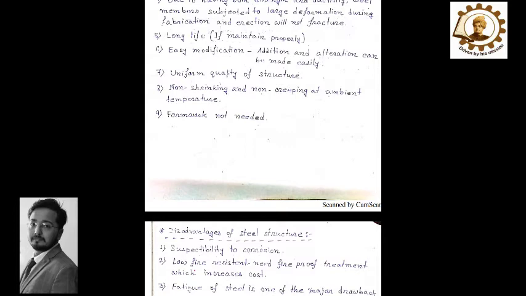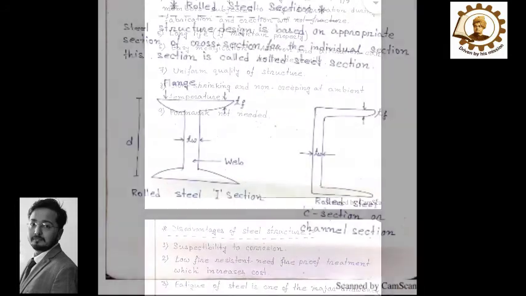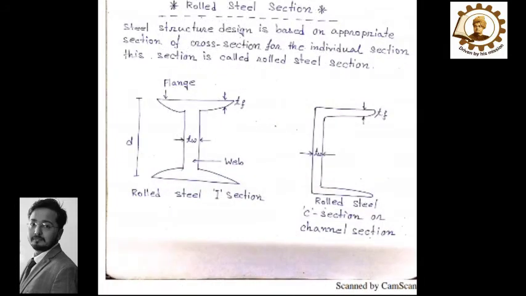But there are three other IS codes used in this design: IS 875 Part 1 for dead load, IS 875 Part 2 for imposed or live load, IS 875 Part 3 for wind load. As structural steel has a variety of shapes, we have to discuss the varieties of shapes of rolled steel section.